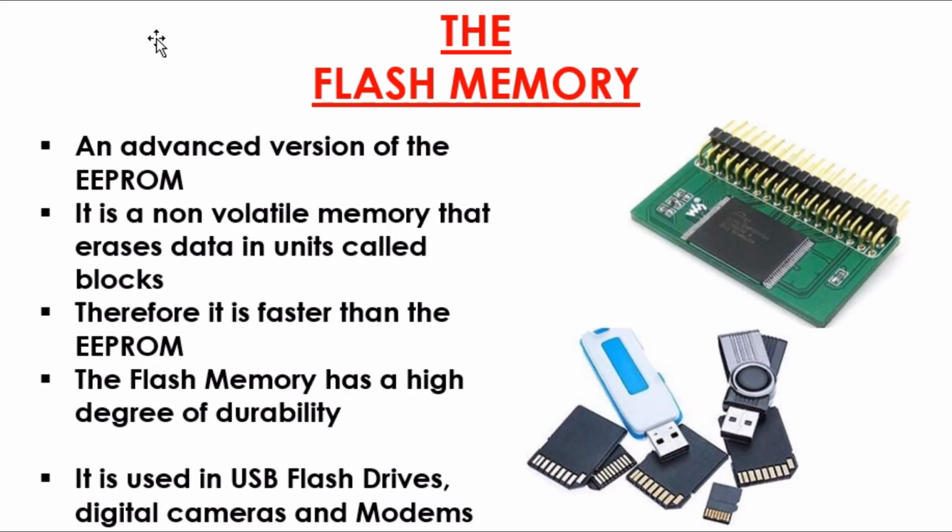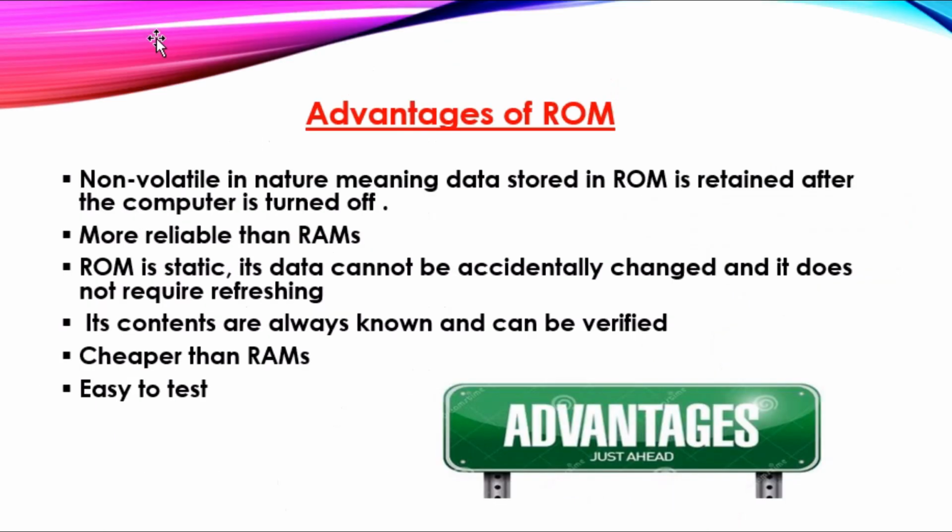We have now gone through the 5 types of the ROMs, and after that brief discussion on the introduction to the ROM and its 5 types or the 5 classes, we can now draw some of the advantages of the ROM. The ROM is non-volatile in nature, meaning data stored in the ROM is retained even after the computer is turned off.